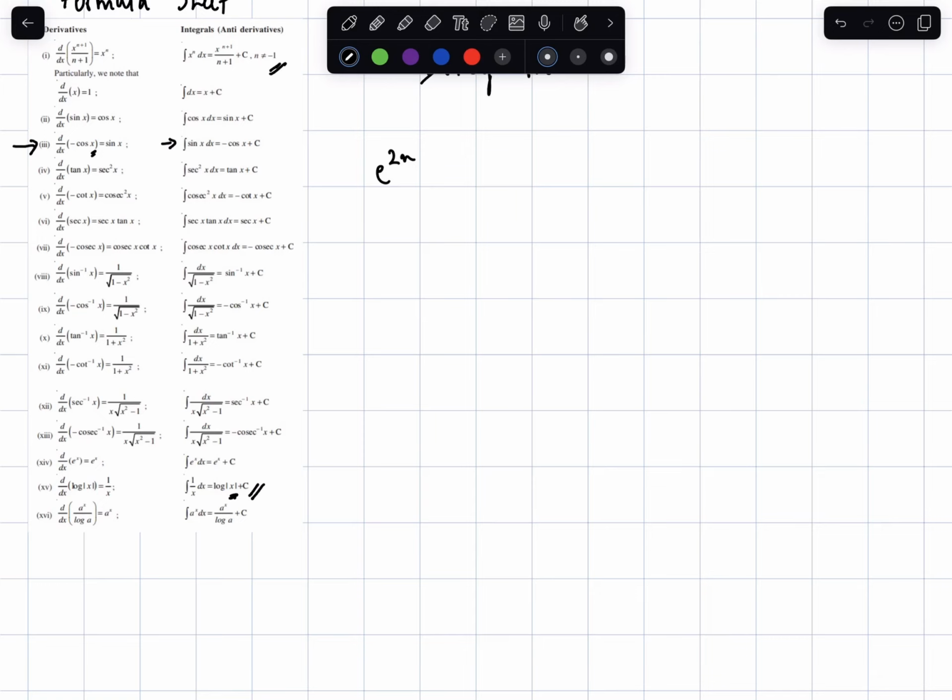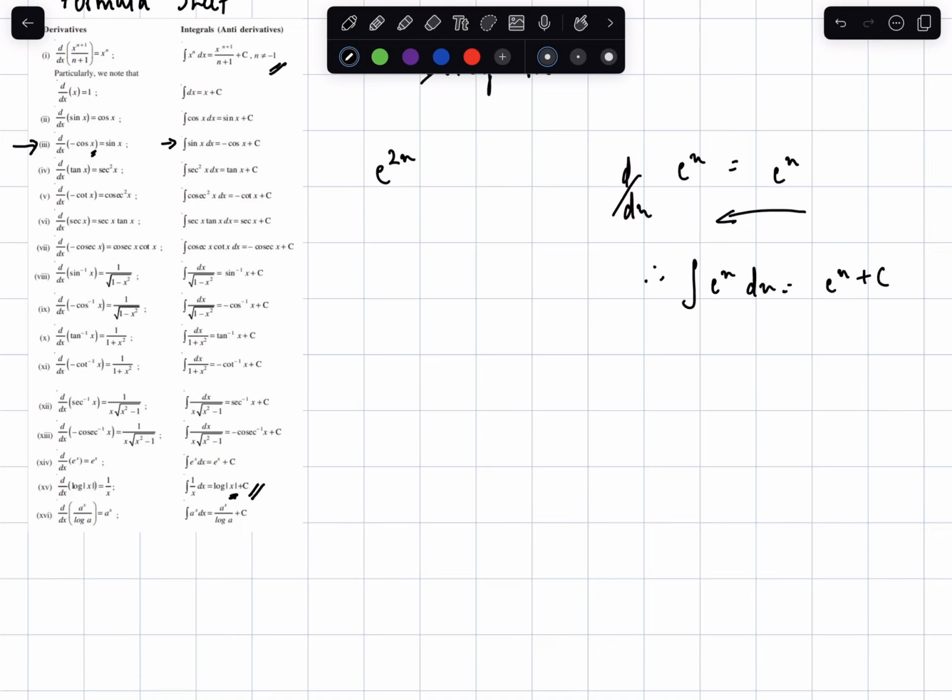I know that the differential of e to the power x is e to the power x. Therefore, going backwards, the integral of e to the power x dx is equal to e to the power x plus c.